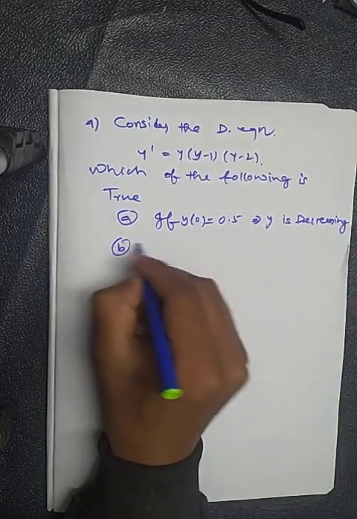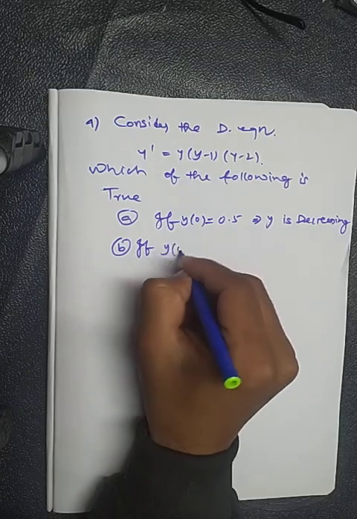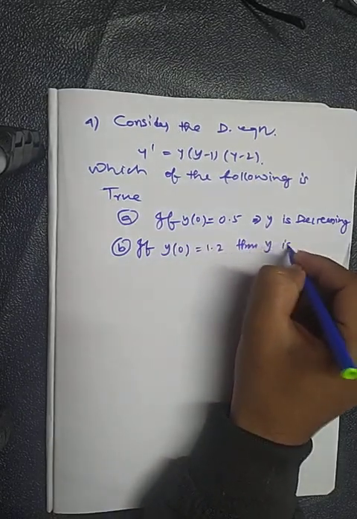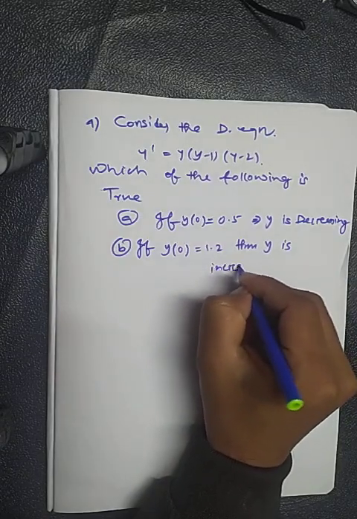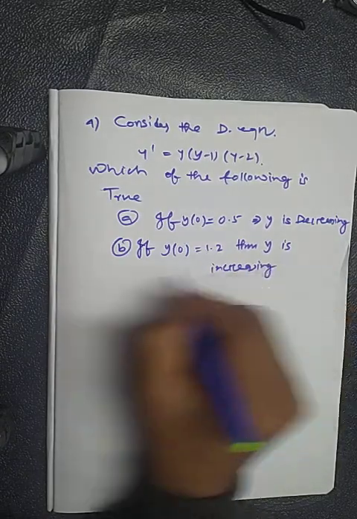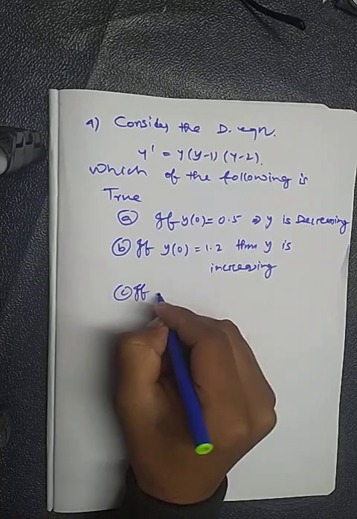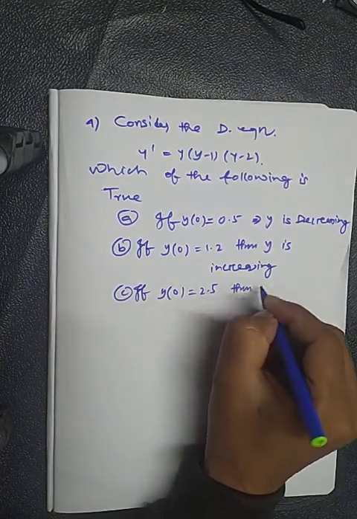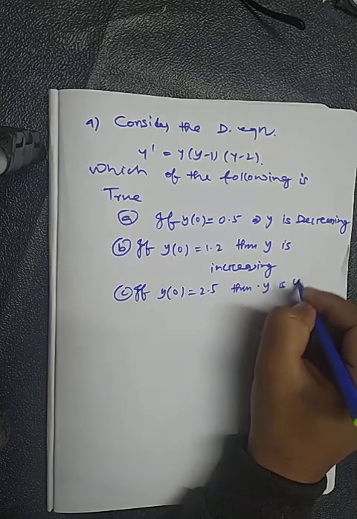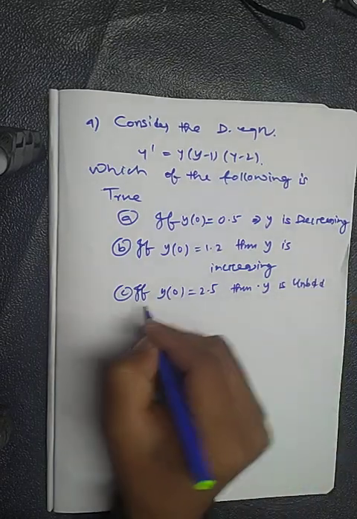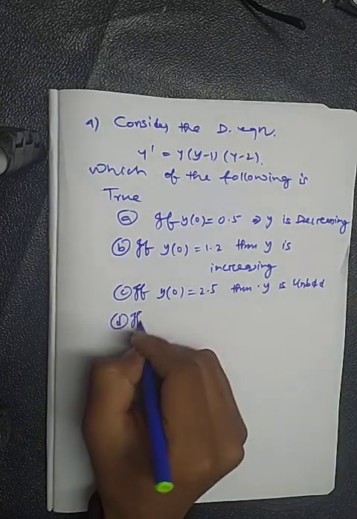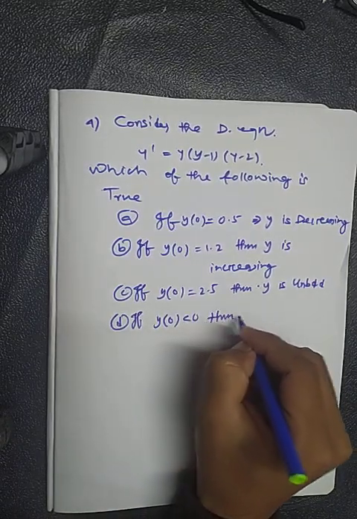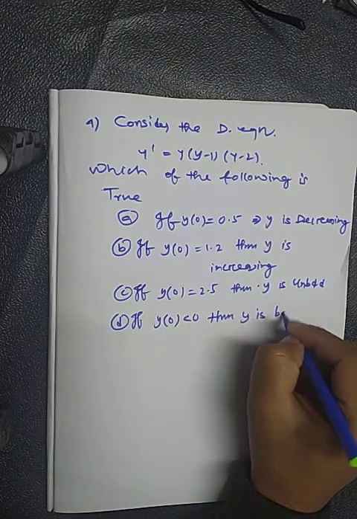Option B says that if y of 0 is equal to 1.2, then y is increasing. Option C is that if y of 0 is equal to 2.5, then y is unbounded. And D: if y of 0 is less than 0, then y is bounded below.